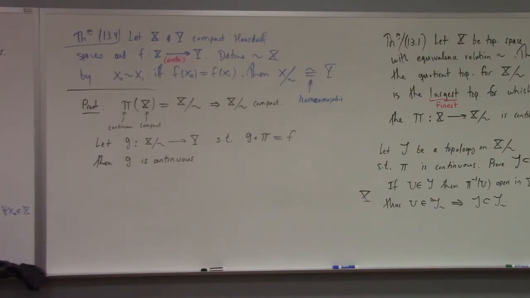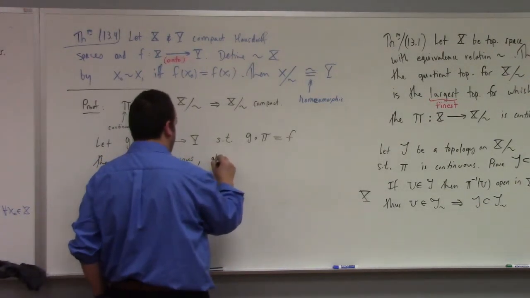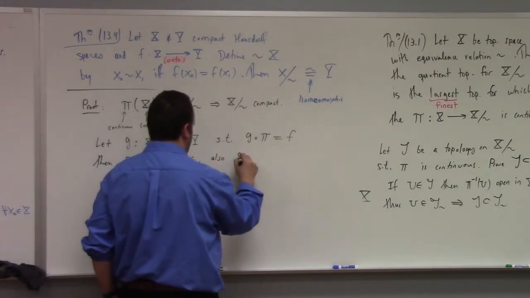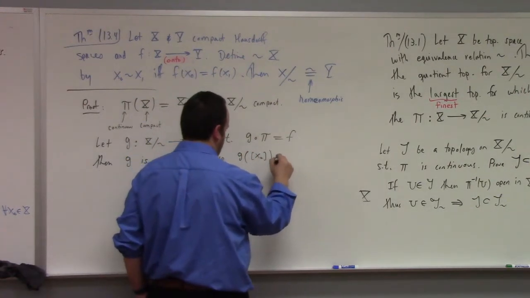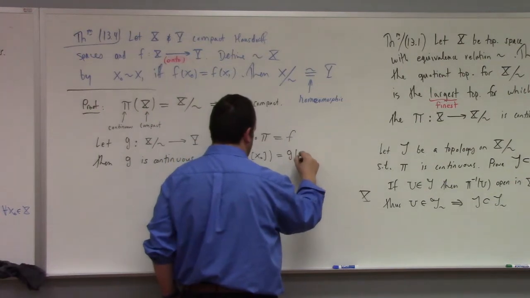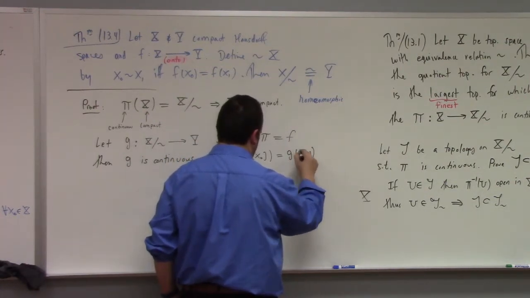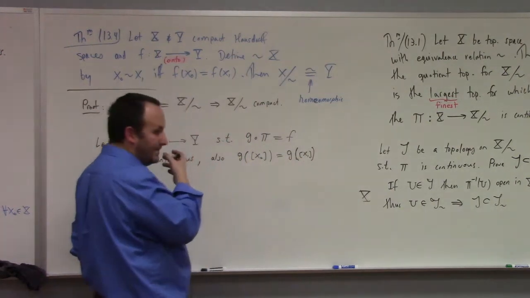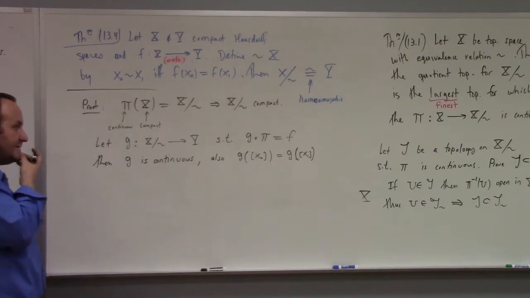And what else do we know? Is it injective? If we look at G of x naught, if G of x naught is equal to G of x1, right? If we set G of two different inputs equal, what does that say?